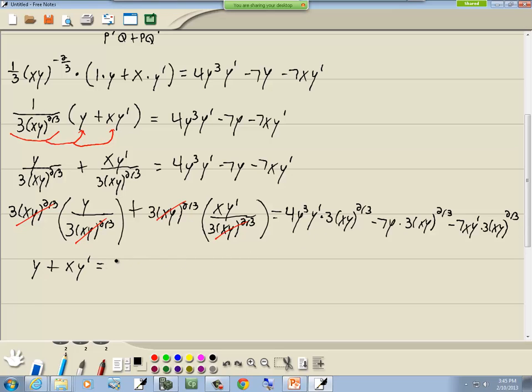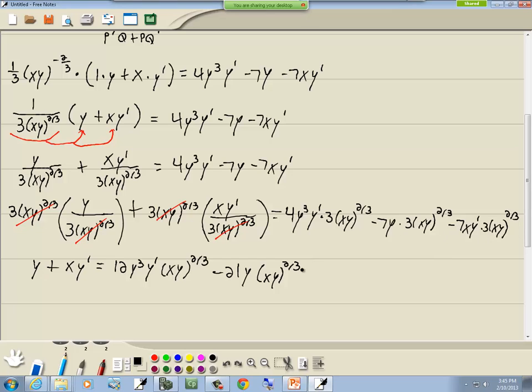4 times 3 is 12. So I got 12 y to the third y prime x y to the 2/3, minus 7 times 3 is 21 y and xy to the 2/3.